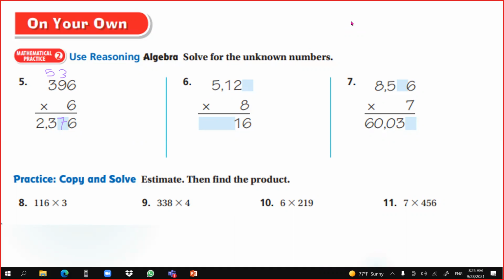Multiply it by 8, give you a number whose first digit is 6. Three times 8, 24. 5 times 8 is 40. 7. Bravo. Let's try number 7 now.